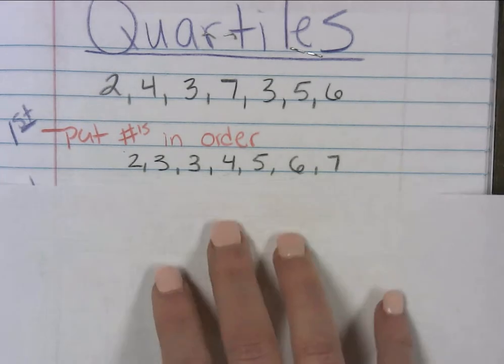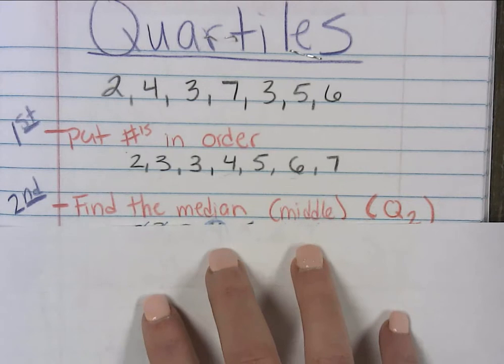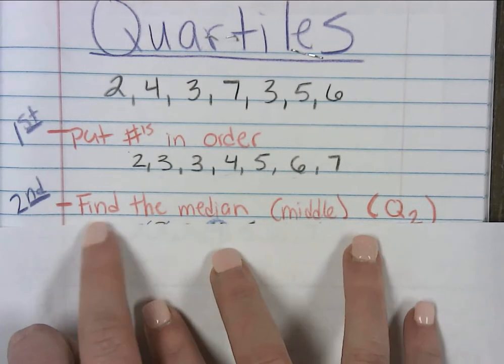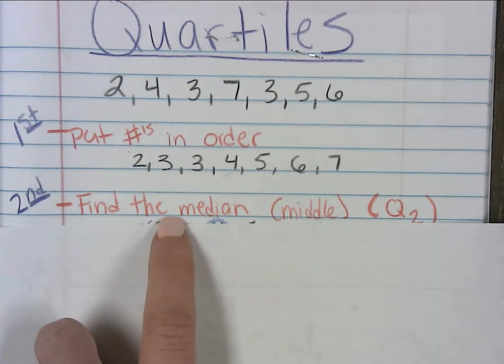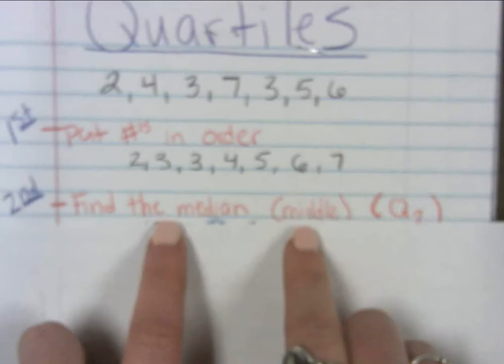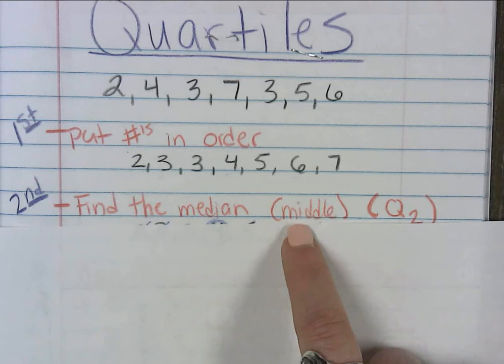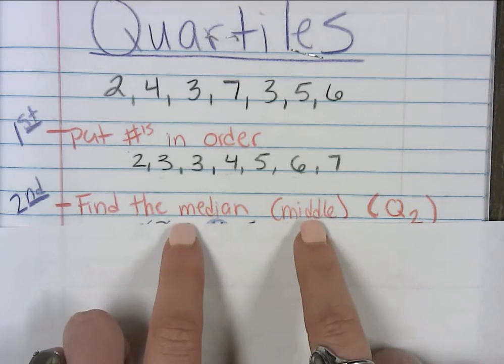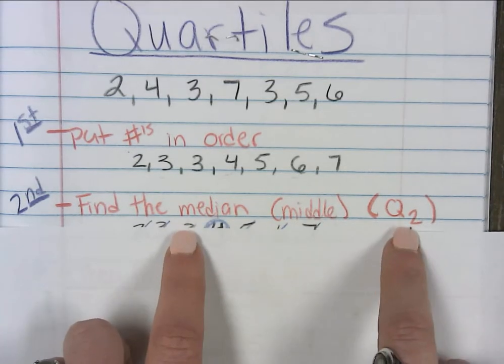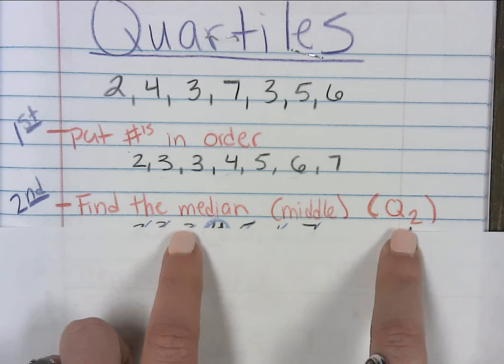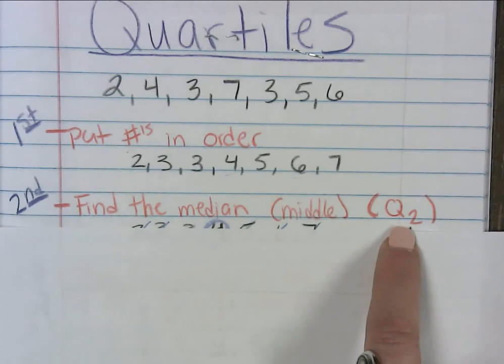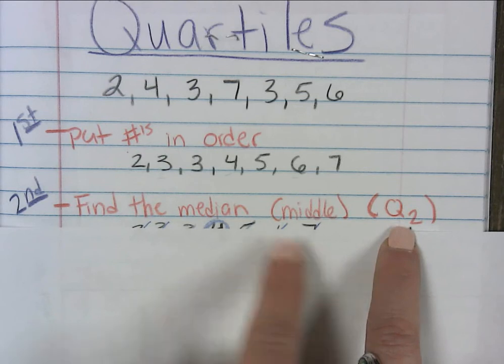Easy enough. So let's see what our second step says. The second step says we're going to find the median of that number set. And we already know that the median means middle, so this is easy. The only difference with this is now they're calling the median a different name. They're calling it Q2 or quartile 2. So the middle, the Q2, quartile 2, really just means your middle number, your median.